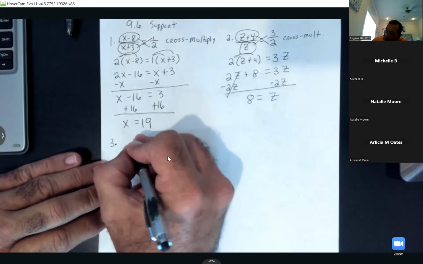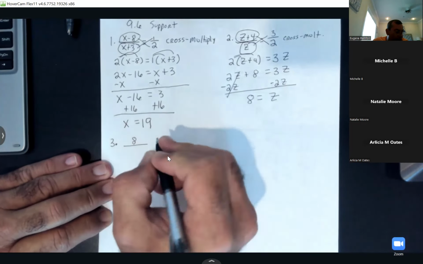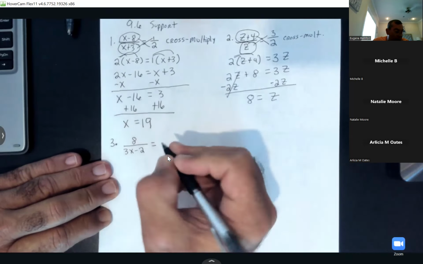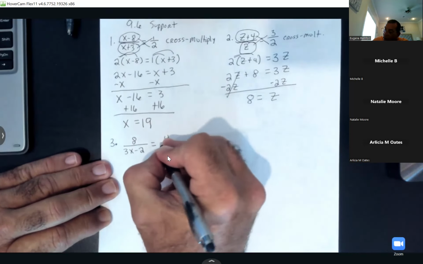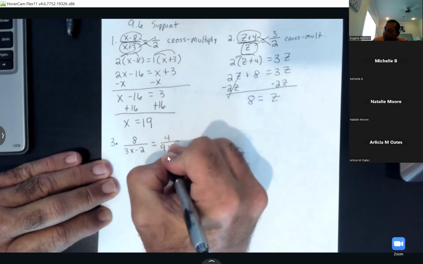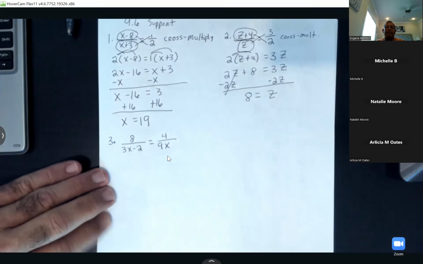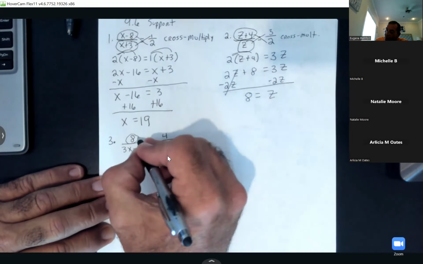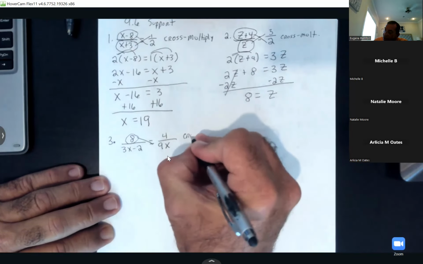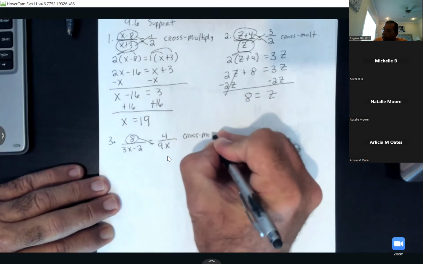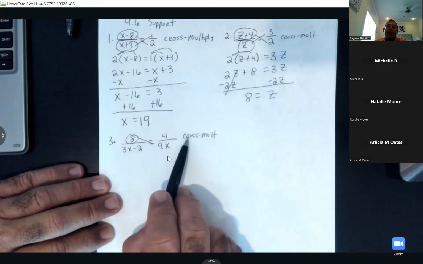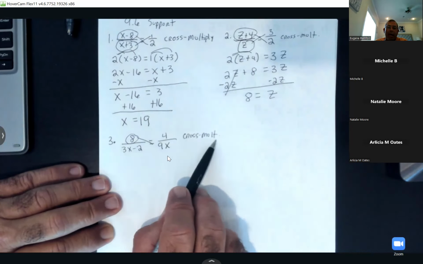Oh, y'all look at 3. 8 over 3x minus 2 is going to equal a 4 over 9x. So the 8 will multiply by the 9x because I'm still cross multiplying. And y'all, the moral of the story is if you got a fraction equal to a fraction, that's the easiest thing, cross multiply.